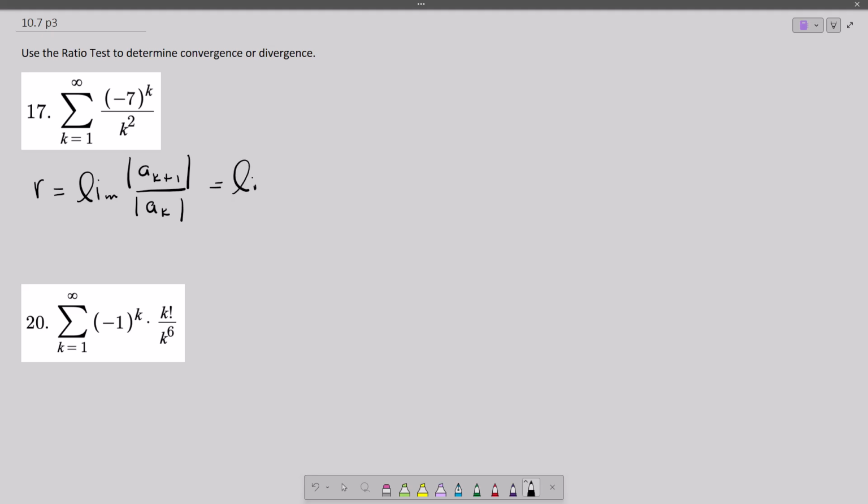So we're going to take the limit, and we're going to have 7 to the k plus 1 over k plus 1 squared, all divided by 7 to the k over k squared. We took absolute values, so the minus sign disappears.